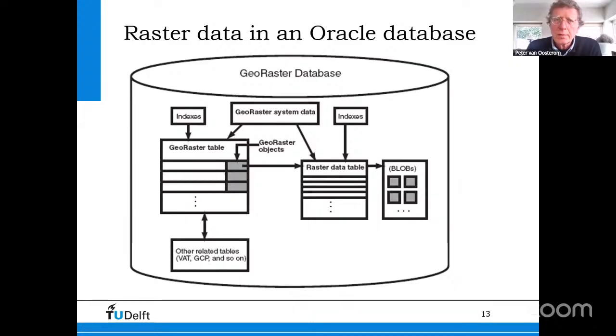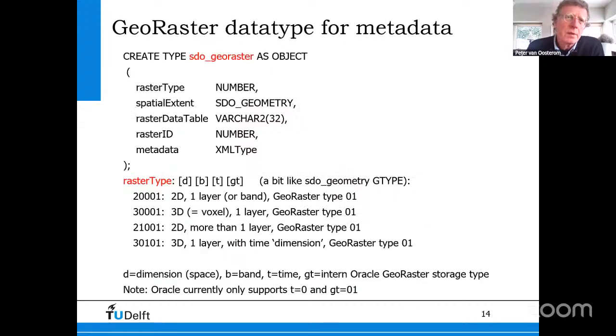Okay, this is the overview, different tables. So the first table, the GeoRaster table, has a data type, where you indicate what is the type of raster. Is it a two-dimensional raster or is it a one-dimensional raster? The number of layers or bands.